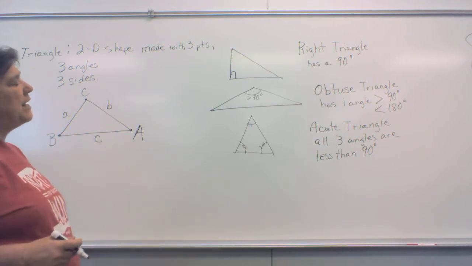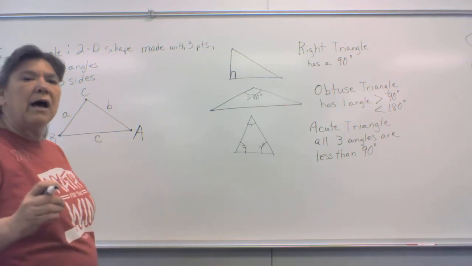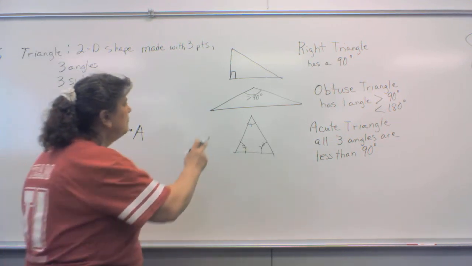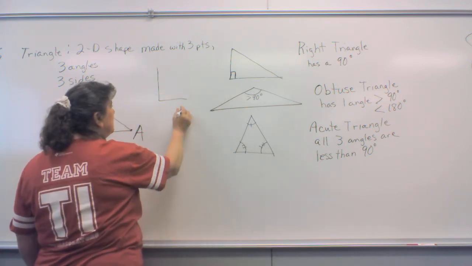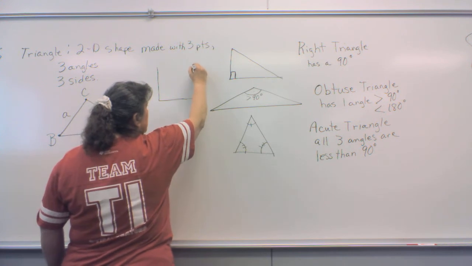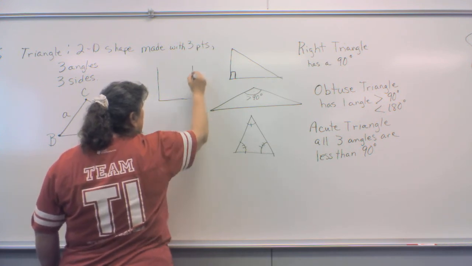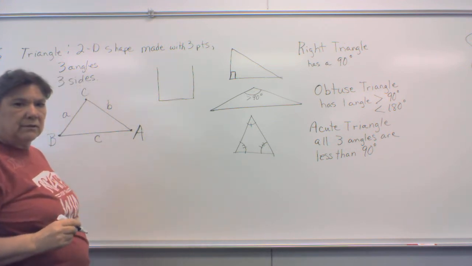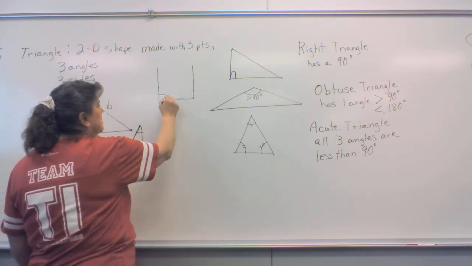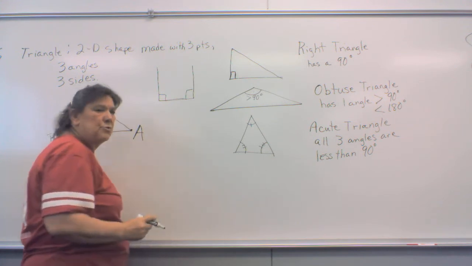Another question to ask ourselves, could we have a triangle if we had 2 right angles in that triangle? Well, here's one right angle. If we make a second right angle, is there any way that that's going to join up with that? No. 2 right angles are not going to lead you to a triangle.